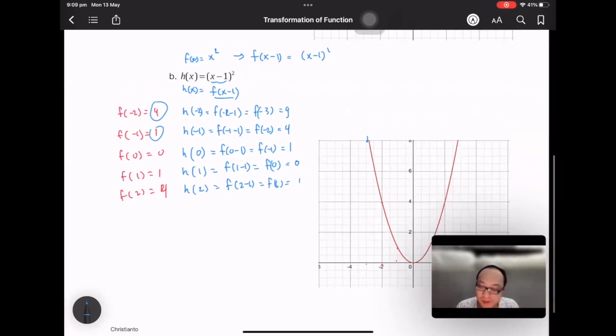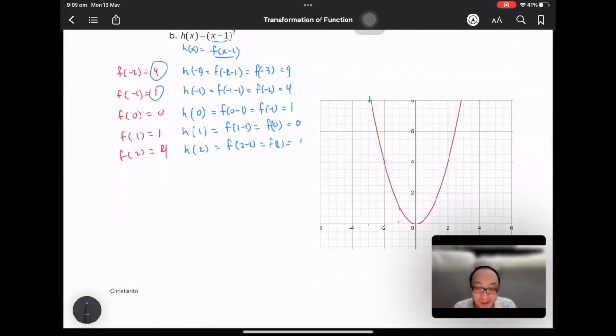So if we do it, -2 will be 9 here. -1 will be equal to 4. 0 will be equal to 1. 1 will be equal to 0. And 2 will be equal to 1. So what can you see here?